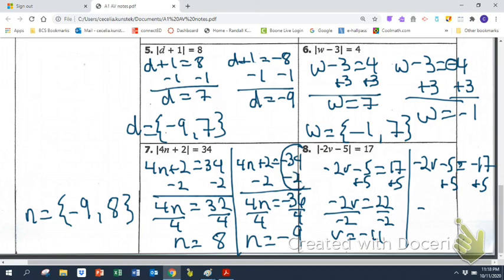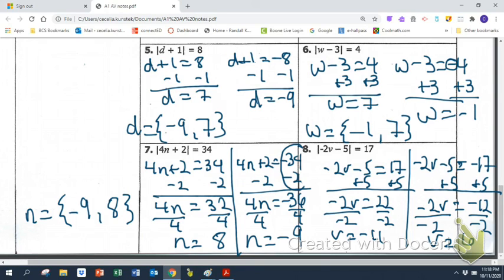So now we have a negative 2v is equal to a negative 12. So we're going to be dividing by a negative 2 on both sides. And remember, if we divide a negative by a negative, then v is going to be equal to 6.